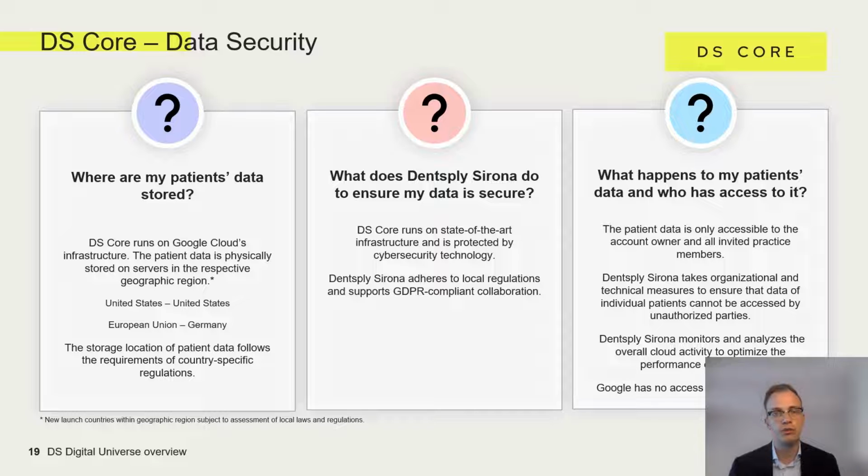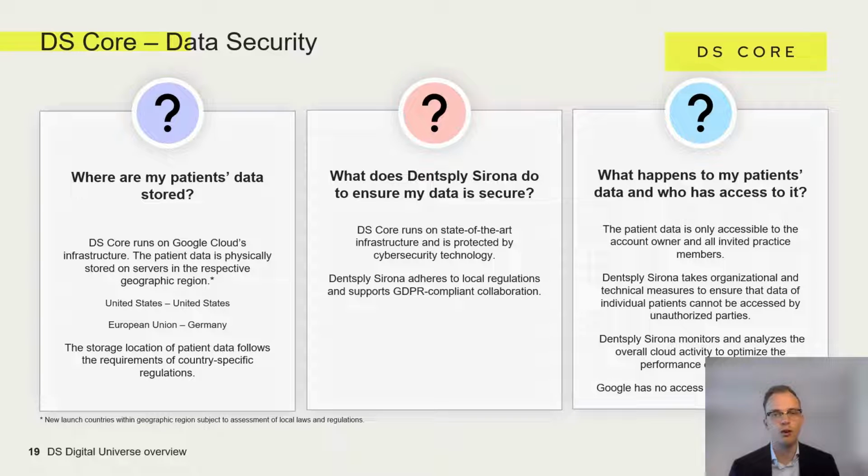The physical server location will depend on the geographic region and is primarily chosen to be compliant with local legislation and also to provide you with the best performance when using the cloud system. If you are from the United States, then the server is physically based in the United States. If you are a customer and a partner from the European Union, the server is physically based in Germany.